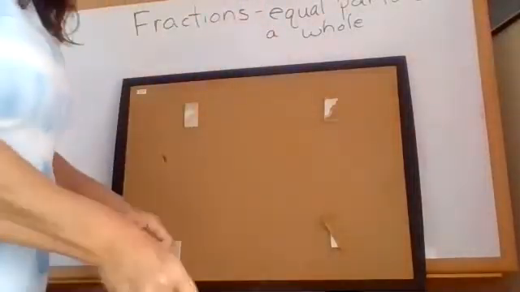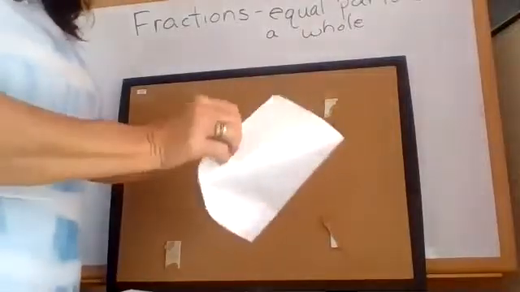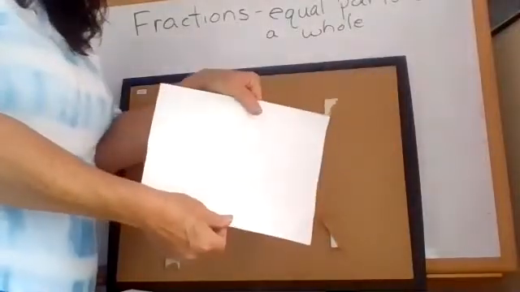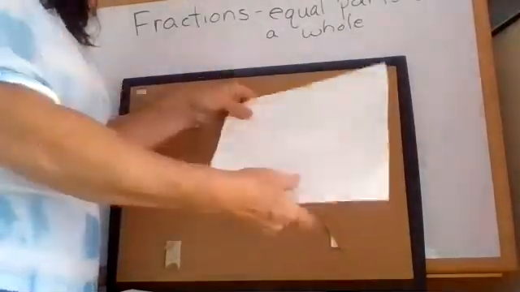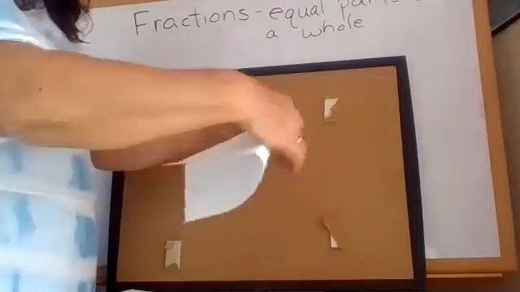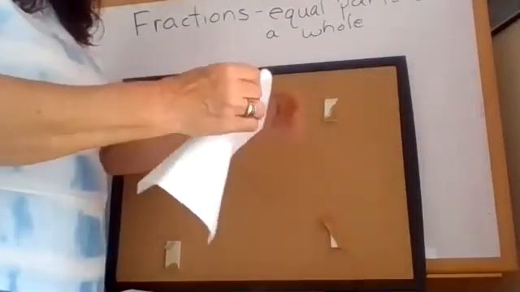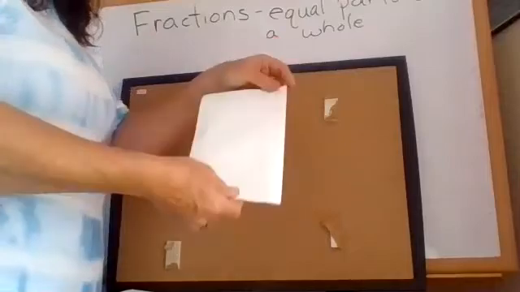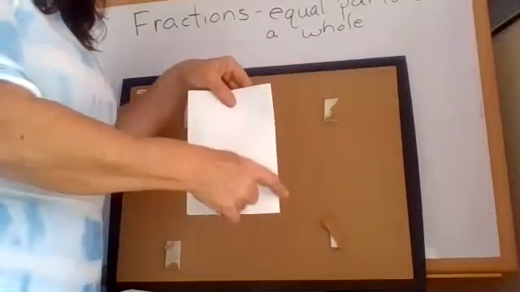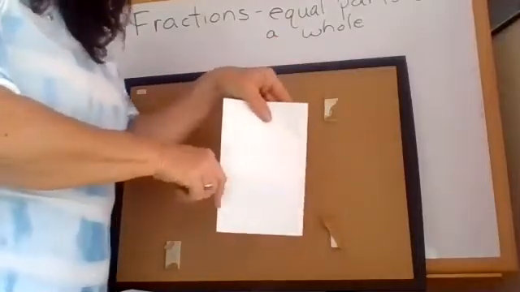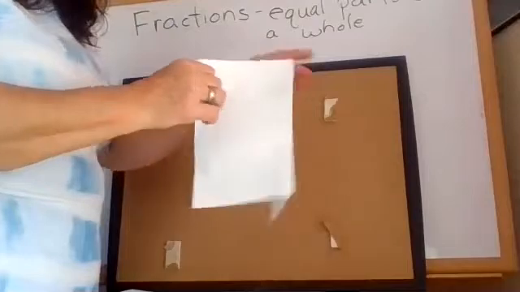We talked about, if we have this whole sheet of paper and fold it this way, remember we talked about folding like a hot dog, a vertical line. We have two equal pieces.